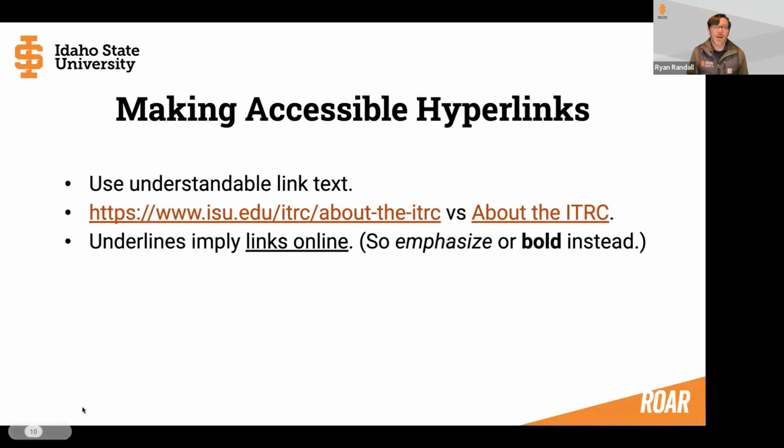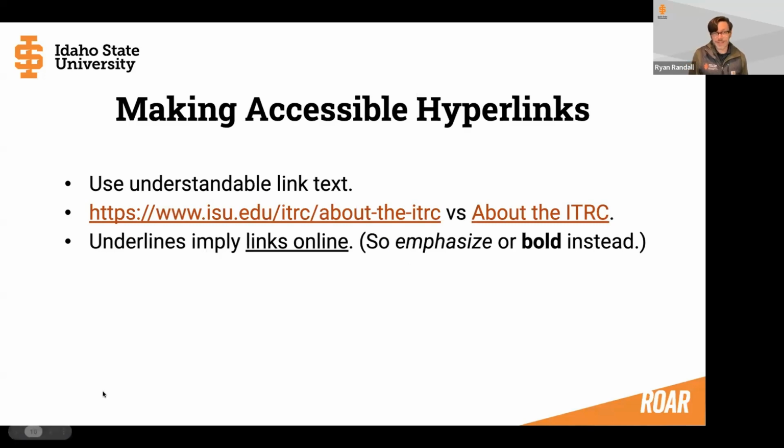And also remember that underlines imply links online. So those of us who can see color and haven't printed these slides out can probably see that there's orange in the middle line for those links, and then there's a black underline on the third bullet point. And we might know in this context that some of those are going to be operable links and some of them are not.